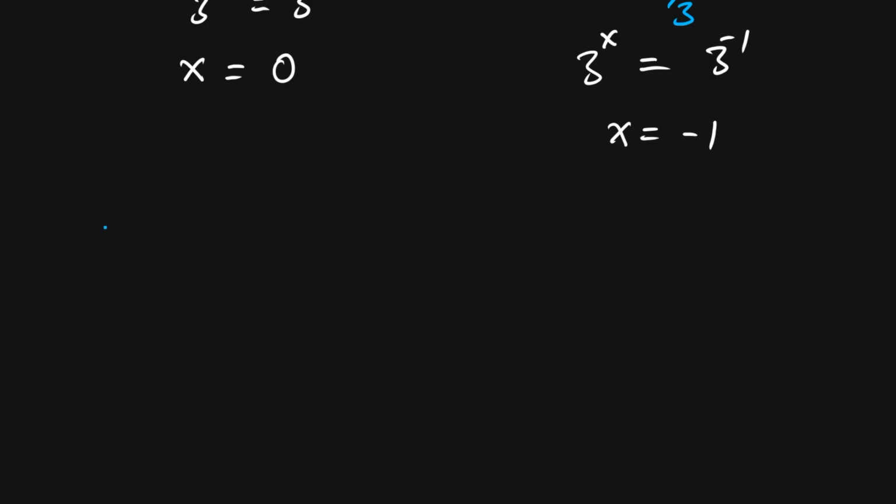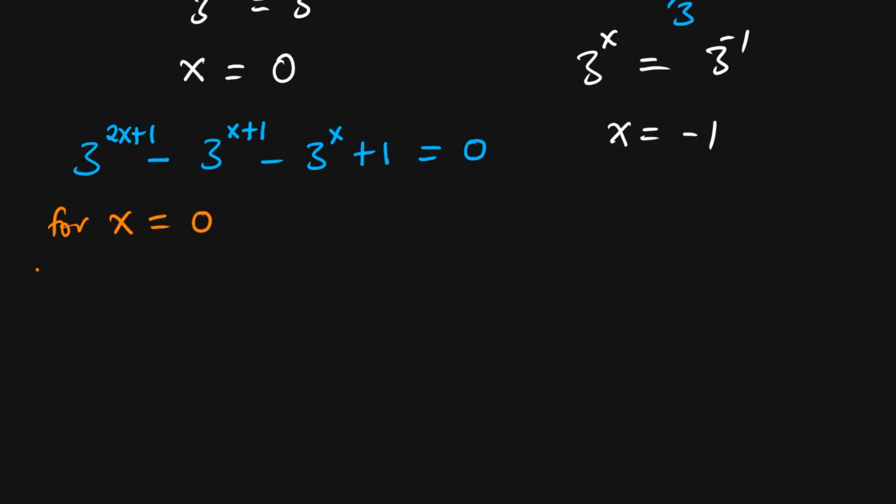From the problem, 3^(2x+1) - 3^(x+1) - 3^x + 1 should equal 0. So for x equals 0, let's substitute x equals 0 in this.